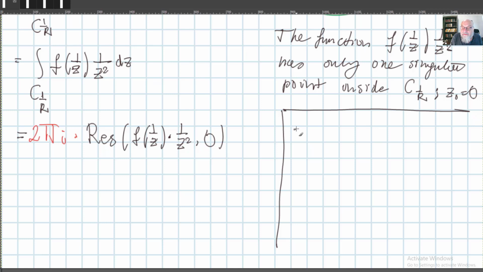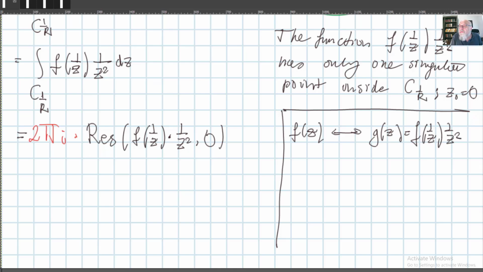We have the function f of z, and now we associate with it the function g of z, which is equal to f of 1 over z times 1 over z squared.